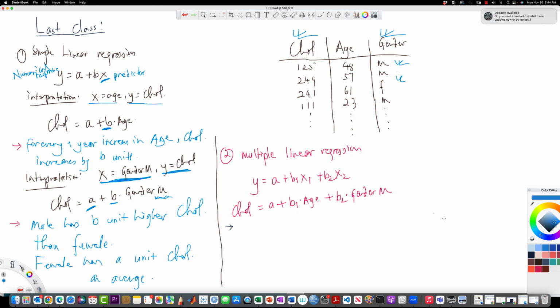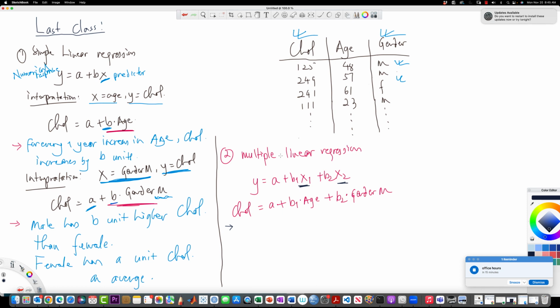The reason we call it simple linear regression is that it has only one x variable: just age, or just gender male. Now in multiple linear regression, we have more than one x variable, x1 and x2. In this data set, cholesterol is the y variable, and age and gender are the two x variables.